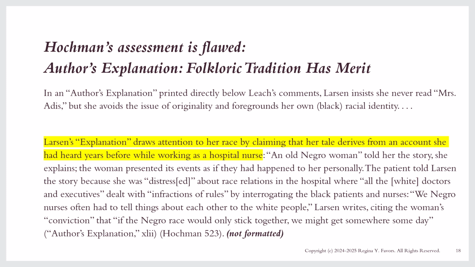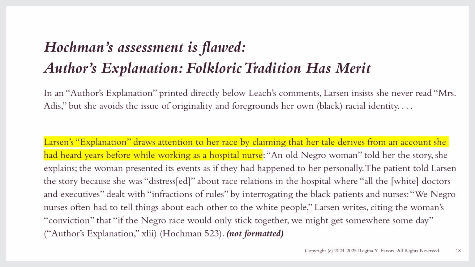And what this basically suggests is that Hockman's assessment of Larsen, suggesting that she rewrote Sheila K. Smith's work as a form of plagiarizing when applying Warden's plot in her work titled Sanctuary, is flawed, because folklore does have some sort of merit in the sense that we get our stories from somewhere.